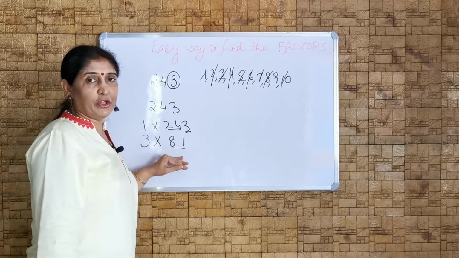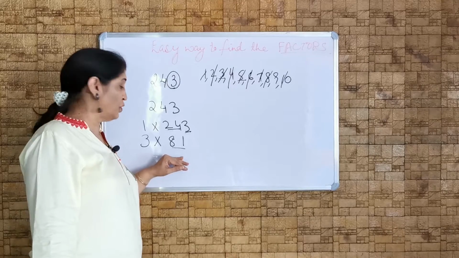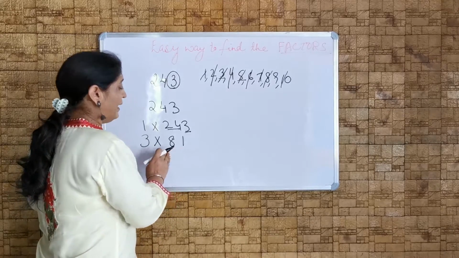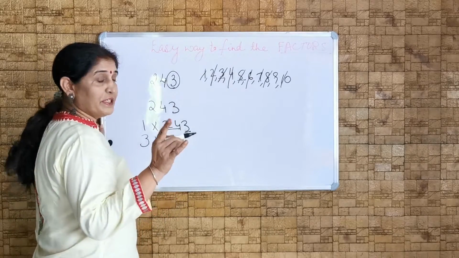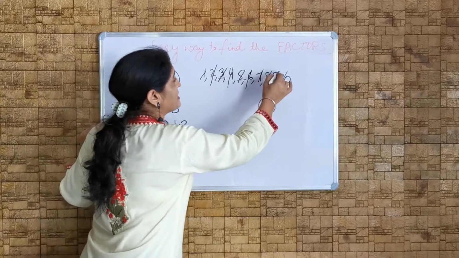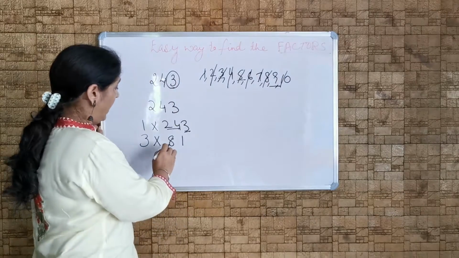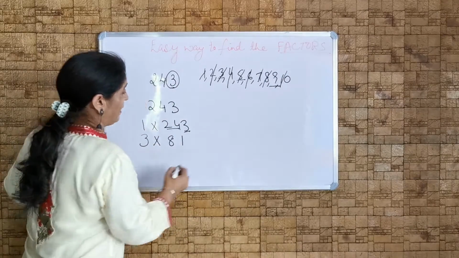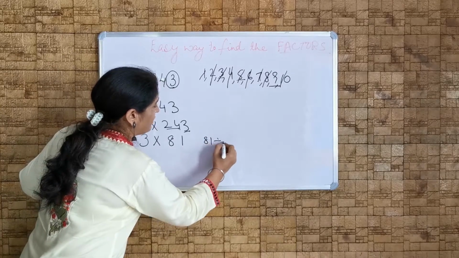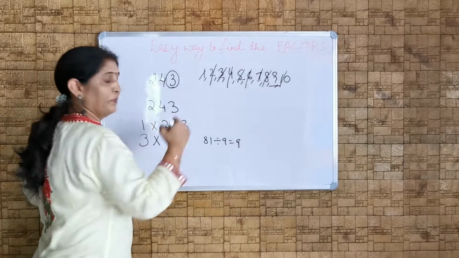If you are not clear on this aspect, please go and see those videos to make your learning a little deeper. 81 is not divisible by 7, but the next digit is number 9. 8 plus 1 is 9, so this number can be divided by 9. 81 divided by 9 is 9.